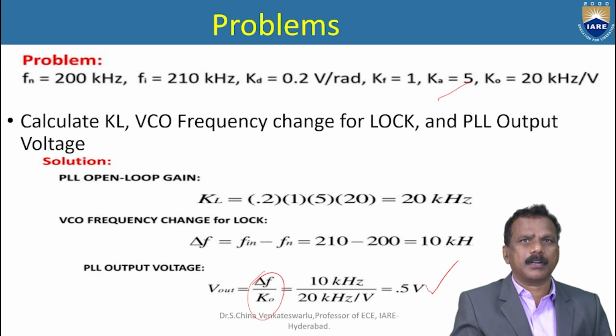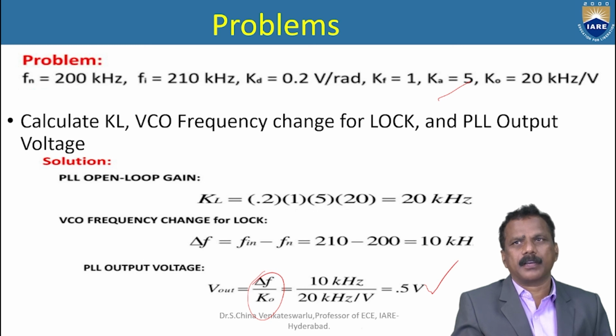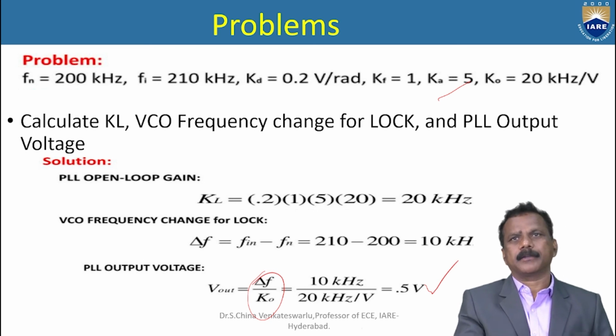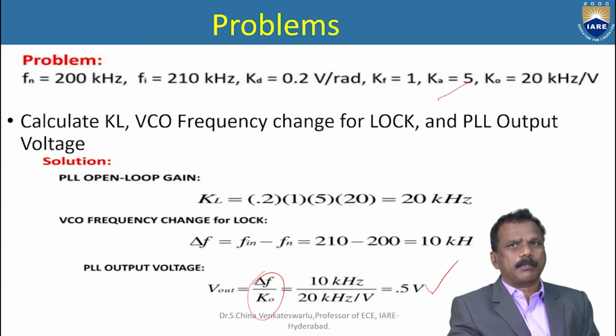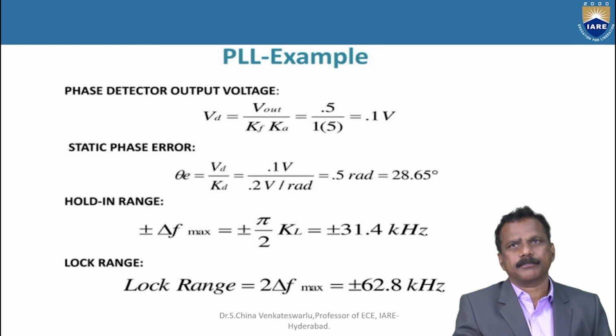Sometimes some parameters are not given. If they are not provided with Kd, Kf, or K naught values, we have to calculate the remaining parameters with the help of the VCO frequency range, lock range, or PLL output voltage.